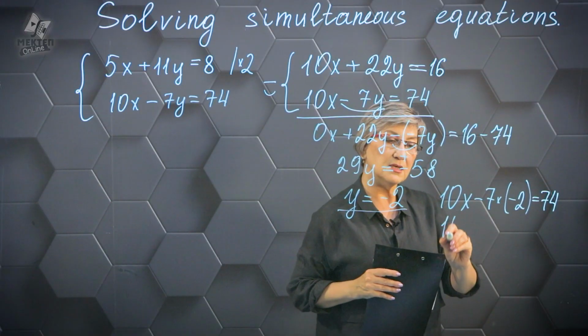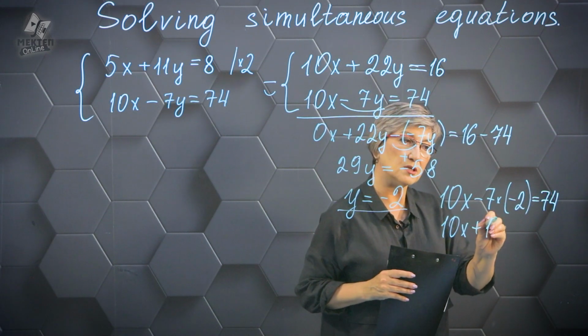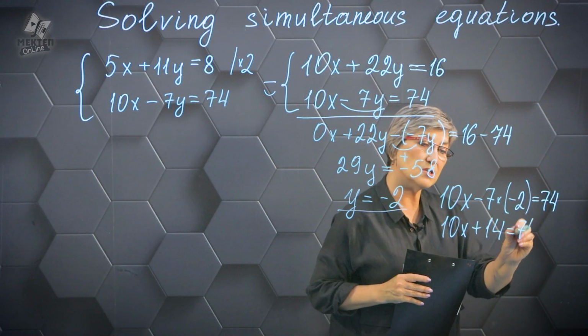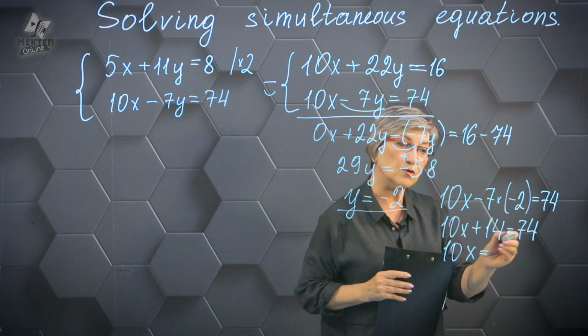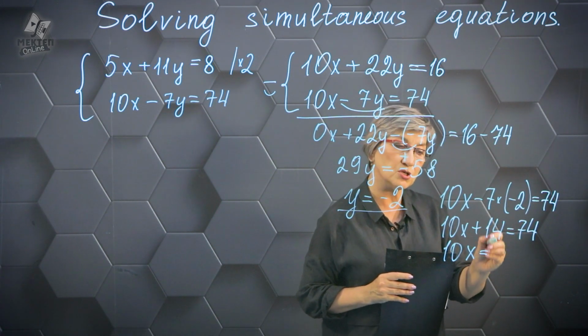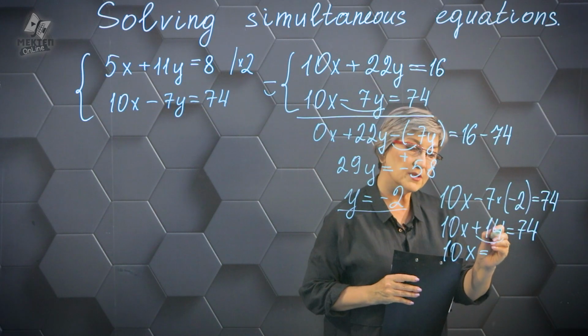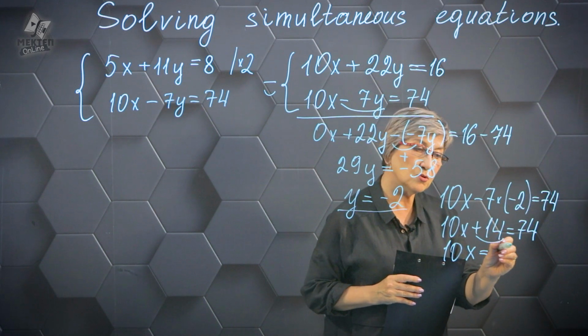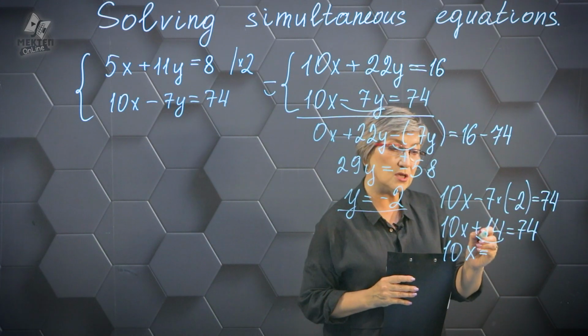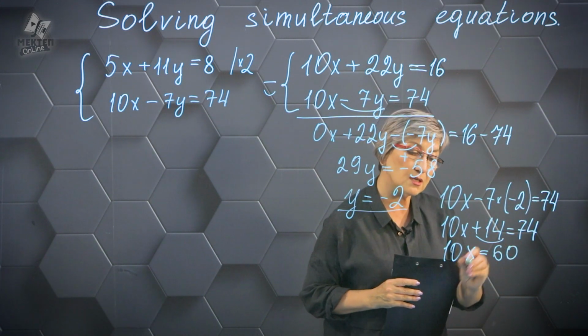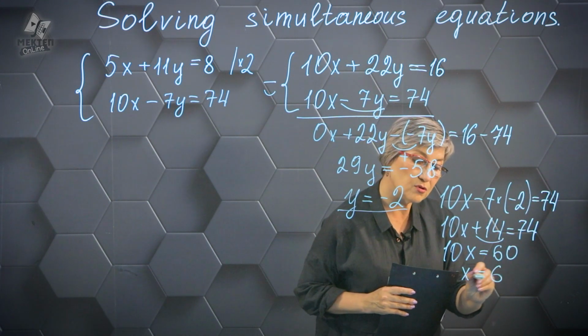Then 10x plus 14 is equal to 74. 10x is equal to 74 minus 14. Keep in mind that when moving to the other side of the equation, the sign will change. 74 minus 14 is 60. As a result, x equals 6.